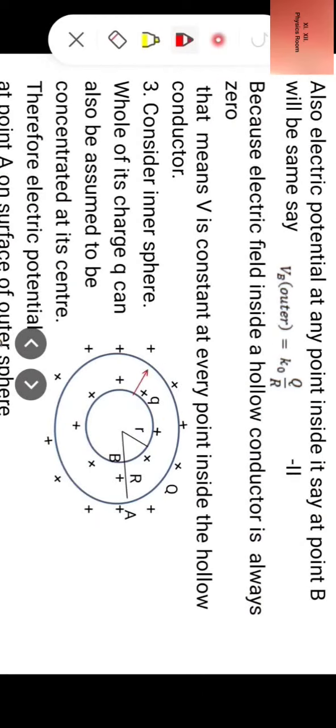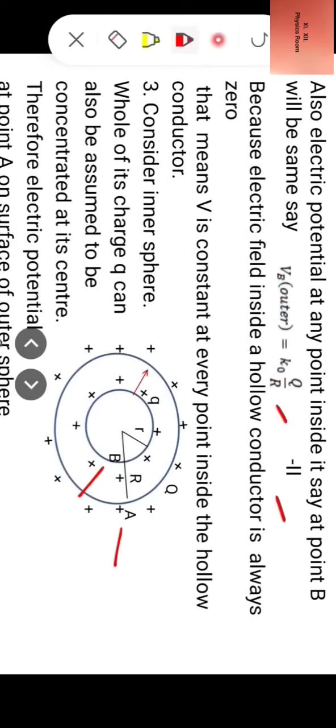Now also electric potential at any point inside it, say at point B, this is point B, this is point A, here we are talking of point B now. Electric potential at any point inside it, say at point B, will be the same. Say VB outer, due to the outer shell, is equal to K naught Q by R. Let us mark it as equation 2.